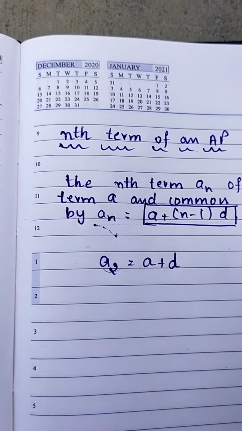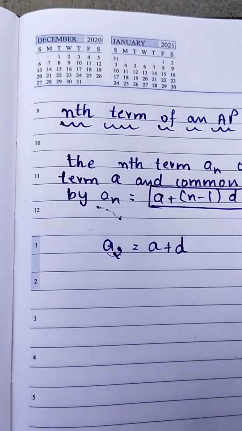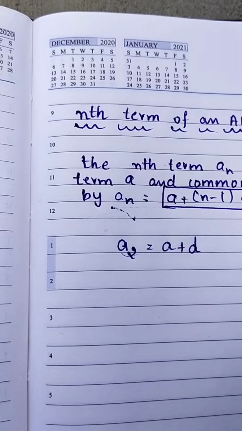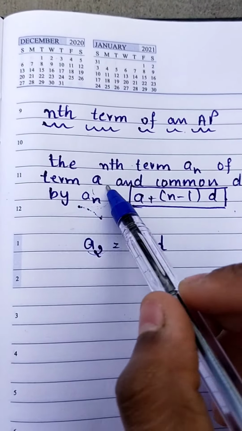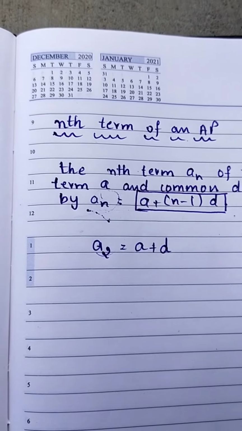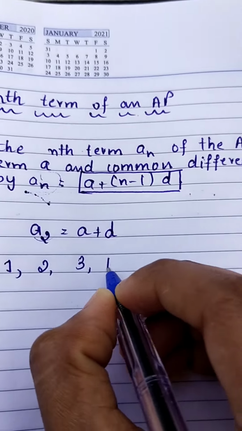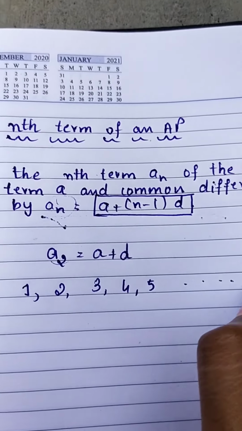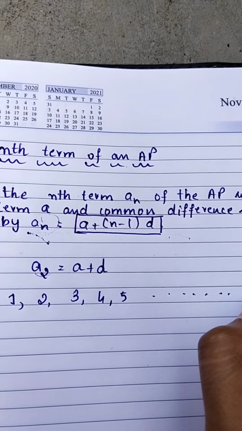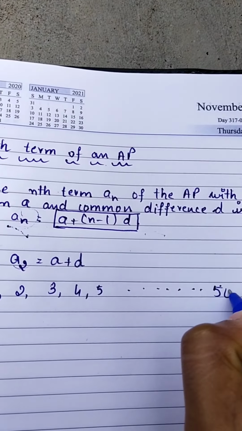They just give the number and say find the nth term of an AP such that the number 36 lies there. So you don't know which place, second term or first term, third term or fourth term. For example, they give a list of 1, 2, 3, 4, 5, till, okay, I take 50.